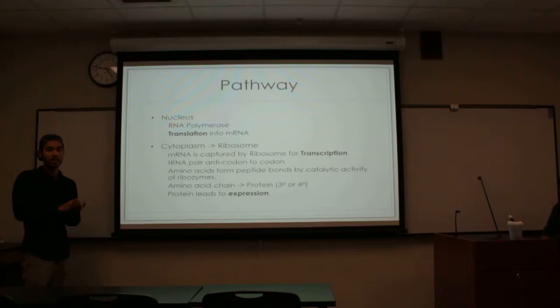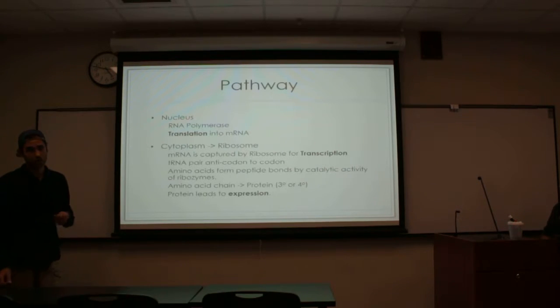Once that complex says, hey, we have the start codon, we're good to go for translation, the large subunit of the ribosome will come, and the initial position for that starting codon will be in the P site.